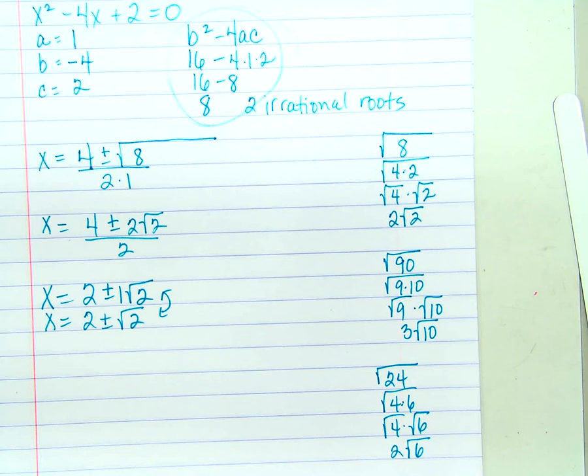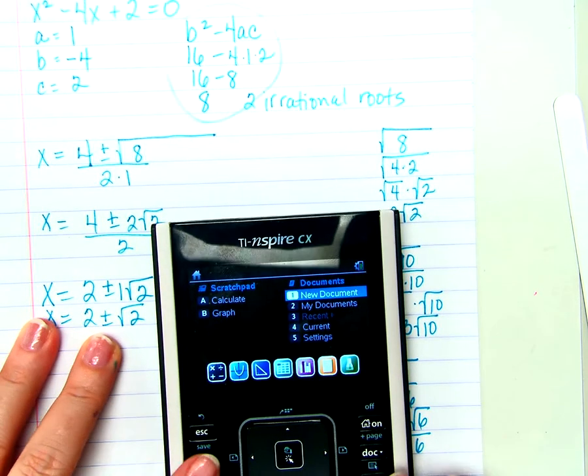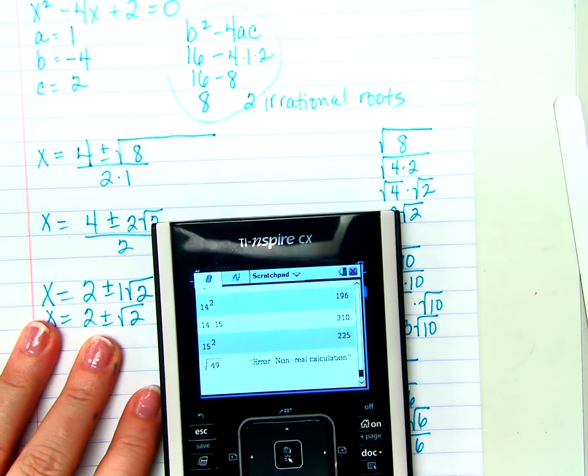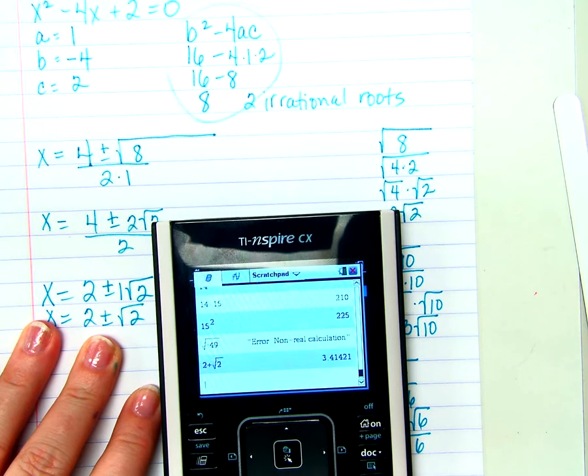That's my answer. Okay? If we were in some sort of word problem world, and I said, I need to know what that equals, then you would take your calculator, and you would press in, after you turned it on, 2 plus the square root of 2, and hit enter.